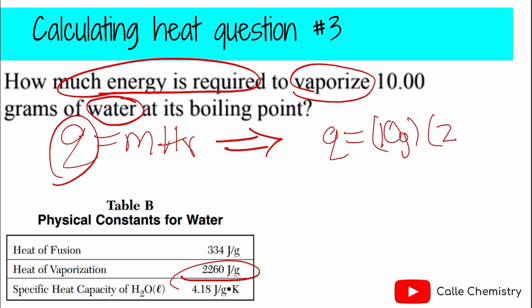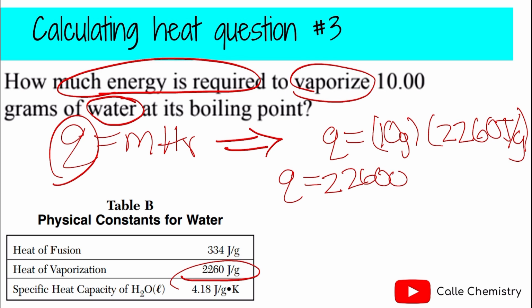So it is 2,260 joules per gram. I multiply these numbers out, I should be getting Q is equal to 10 times 2260 joules. So I got 22,600 joules.